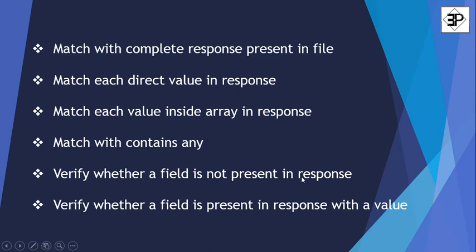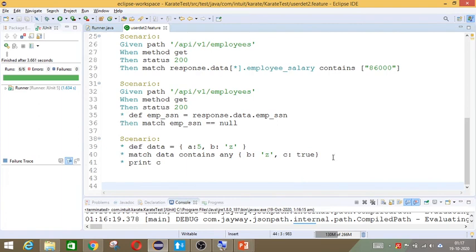Then we have seen whether a field is present in response, and whether a field is present in response with a value. Maybe we can have one more example to see whether a field is present and it is not null. So we'll take something like this.